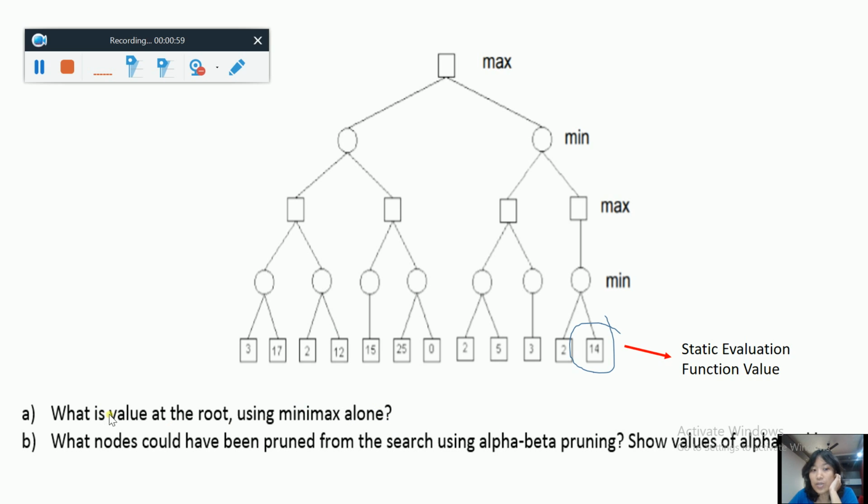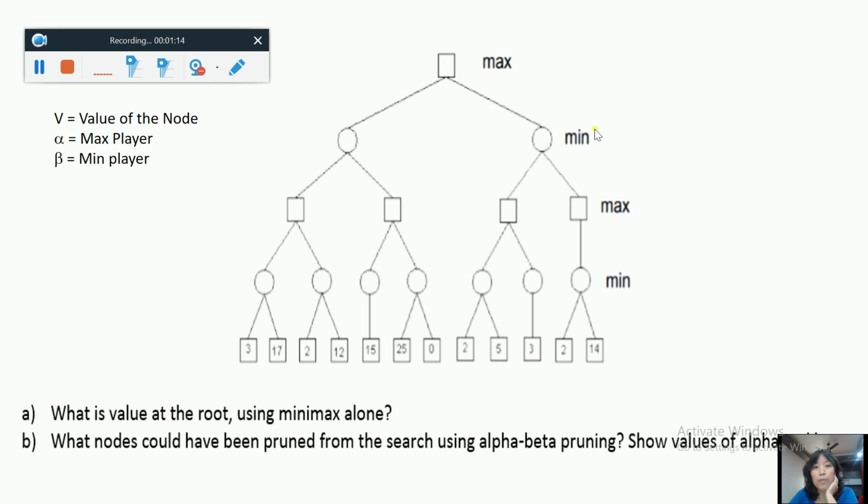So my question is: what is the value of the root and which nodes get pruned while using alpha beta pruning? Before solving this question, we should take three important variables: v, which is the value of each node; alpha, which is the value of the max player; and beta, which is the value for the min player.